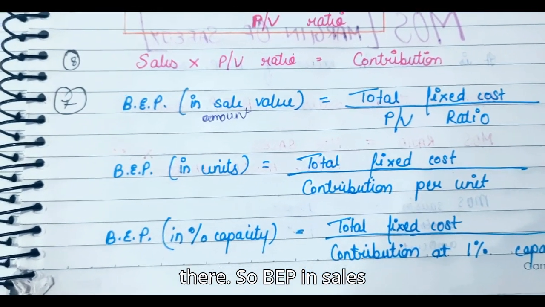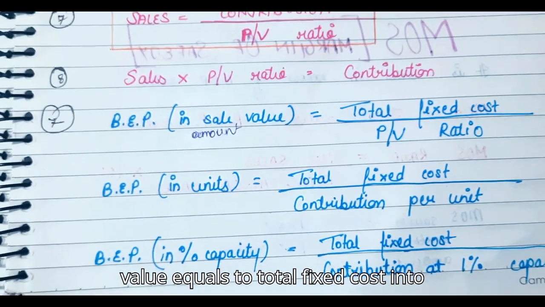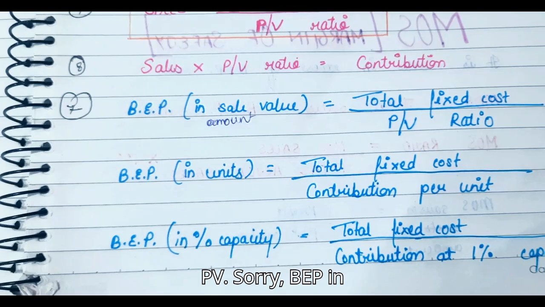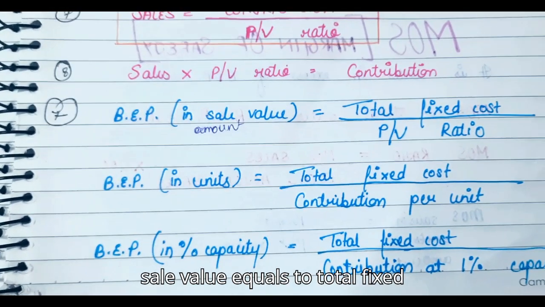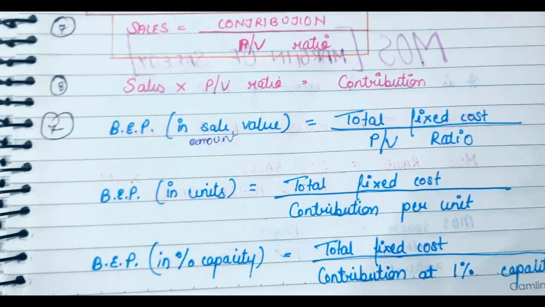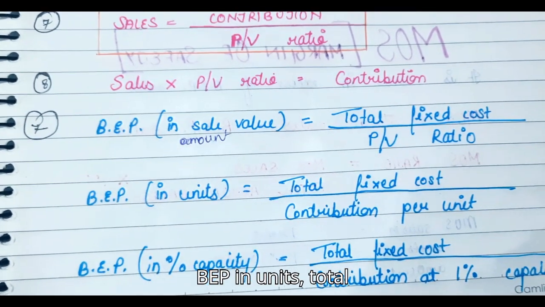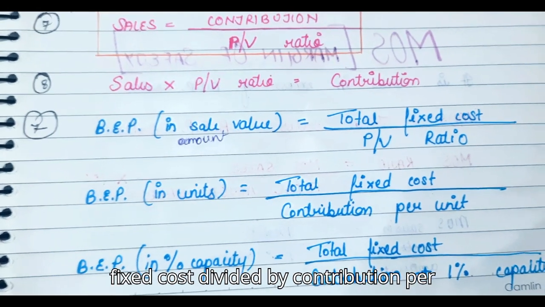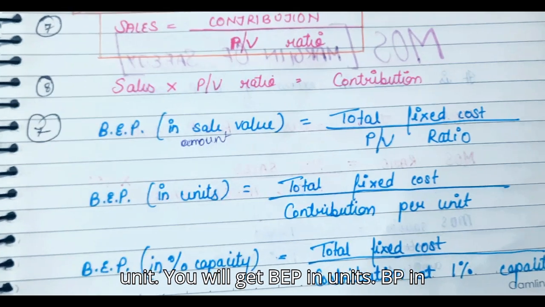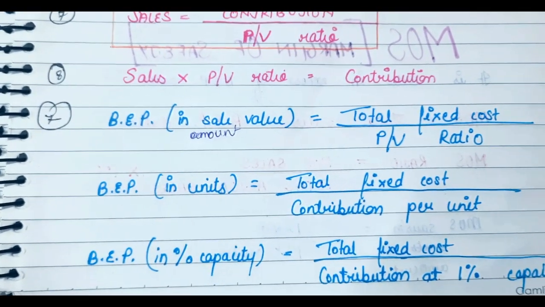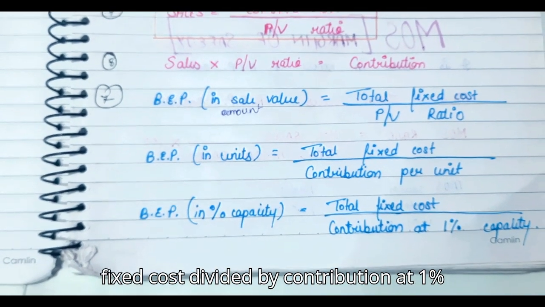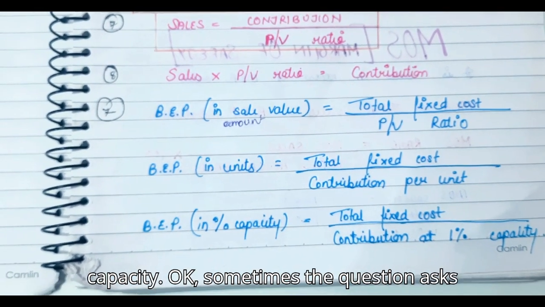So BEP in sales value is equal to total fixed cost divided by PV ratio. BEP in units is total fixed cost divided by contribution per unit. BEP in percentage capacity is total fixed cost divided by contribution at 1% capacity.